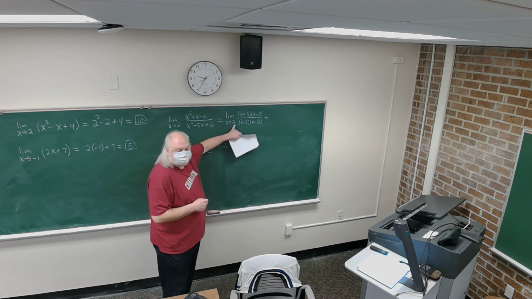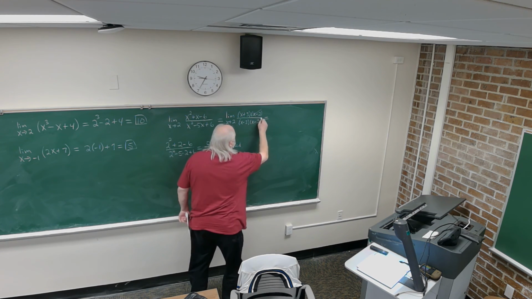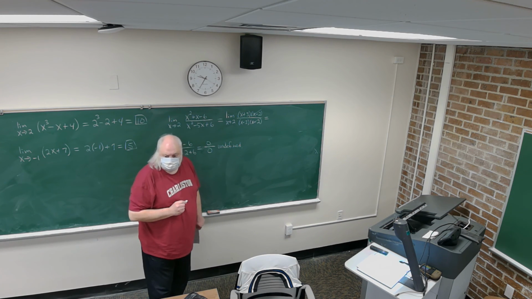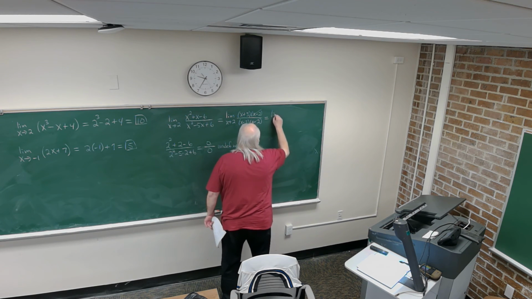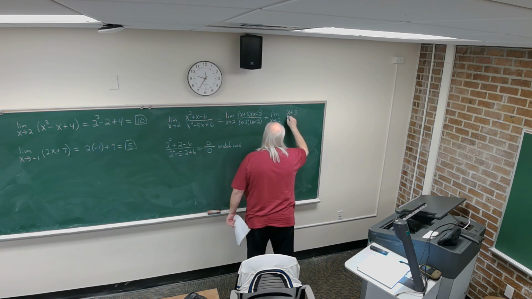And because x never equals 2, it just gets close to 2, these two factors never equal 0. So they cancel. And we're left with the limit as x approaches 2 of x plus 3 over x minus 3.